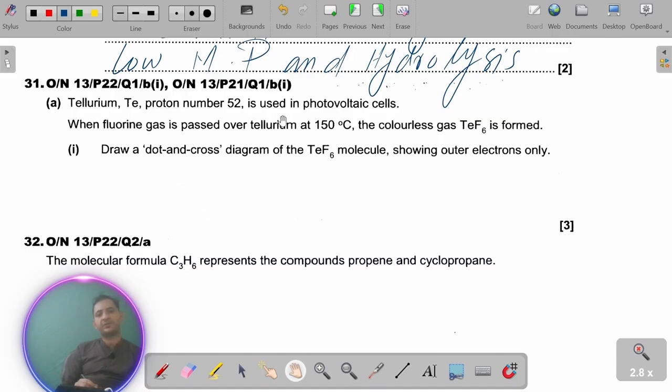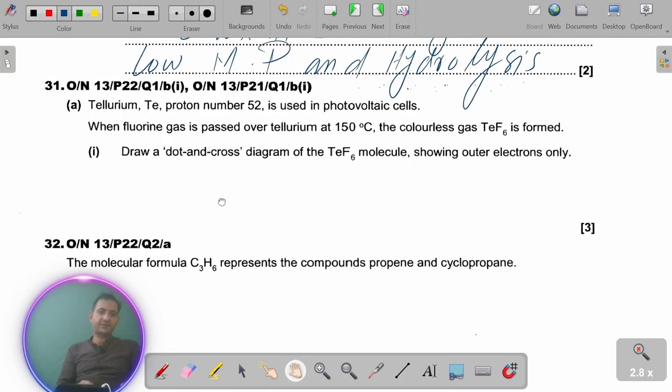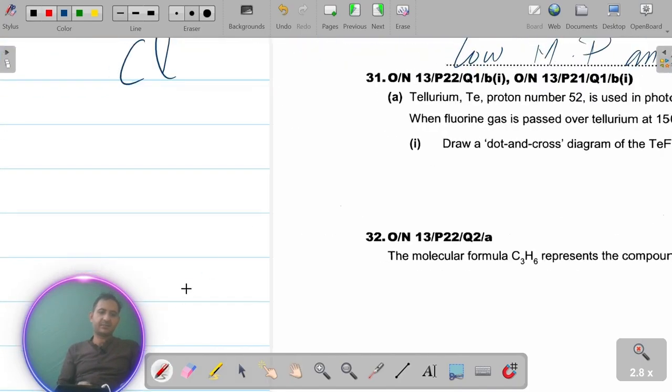Tellurium is used in photovoltaic cells. When fluorine gas is passed over tellurium at 150, the colorless gas TeF6 is formed. So it is TeF6. It means there is tellurium with one fluorine, a second fluorine. Now draw the diagram in the diagonal form like this.